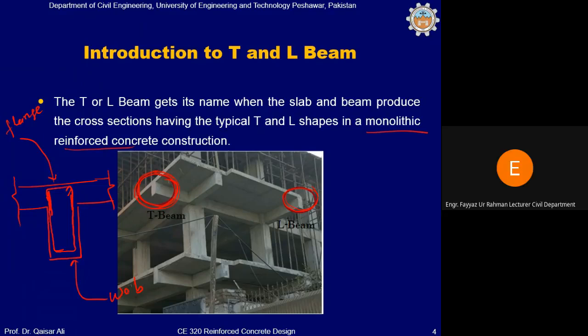So due to this monolithic connection, the beam will be called a T-beam, or L-beam if it is an exterior beam. In this lecture, we will mainly study the design of T-shaped beam, but using the same mechanics, you can design L-shaped beam also.